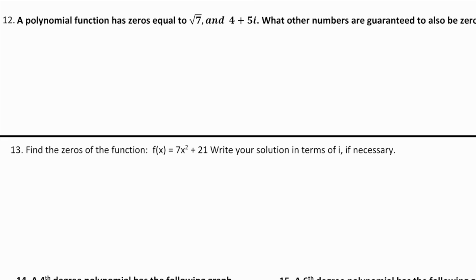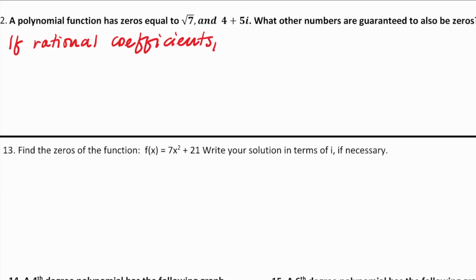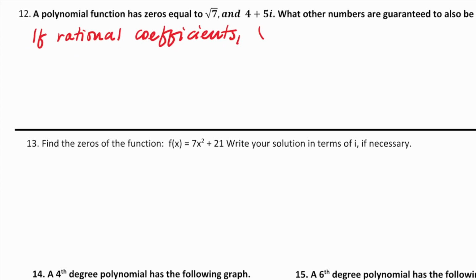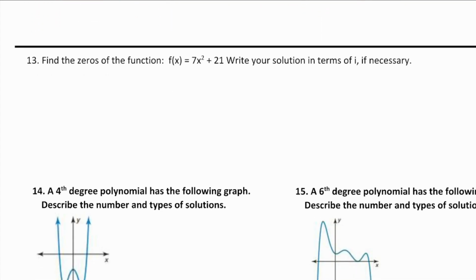So that's going to be my response to this one: if rational coefficients, then x equals negative root 7 and x equals 4 minus 5i. But if nobody said anything about the coefficients and they were allowed to be irrational numbers or not real numbers, then nothing would be guaranteed to be a zero of the polynomial. And so I think that's what I'm going to say. If the coefficients are rational, then x equals negative root 7 and x equals 4 minus 5i are also guaranteed to be roots.